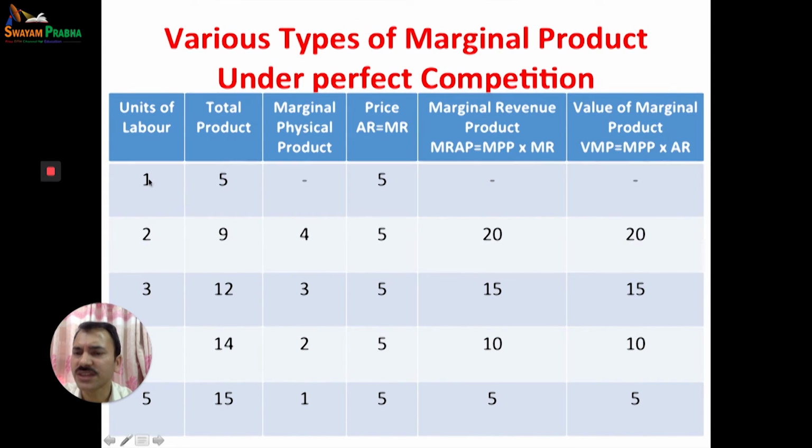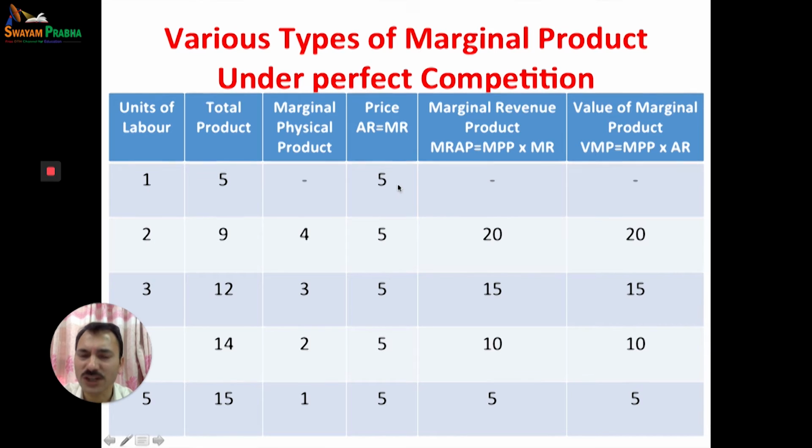When you change the units of labor, say 1 to 2, there is a change in total production, 5 to 9. 9 minus 5 is equal to 4. Similarly, when 2 to 3, the change is 9 to 12, which is 3, and so on, 2, 1. But the important thing is, in the initial stages it is higher, and as you use more and more units of labor, total product no doubt is increasing, but the marginal product starts decreasing.